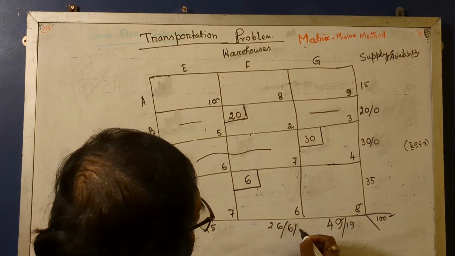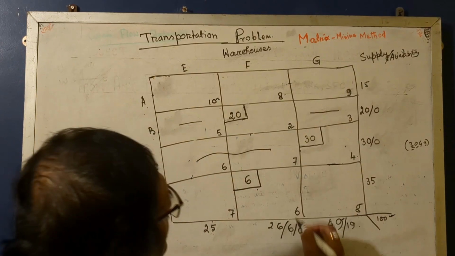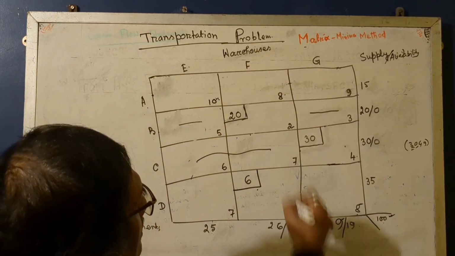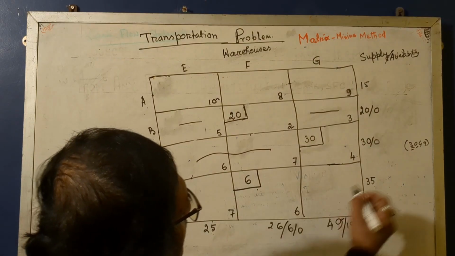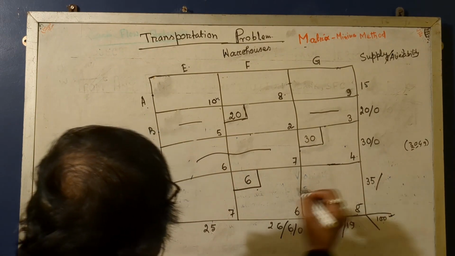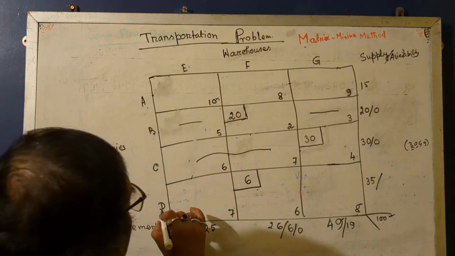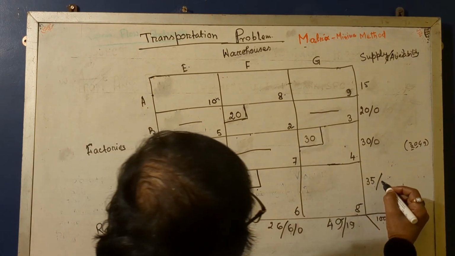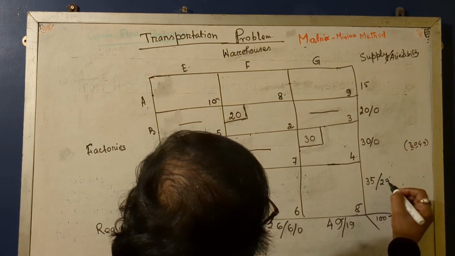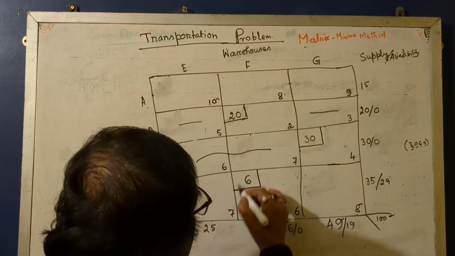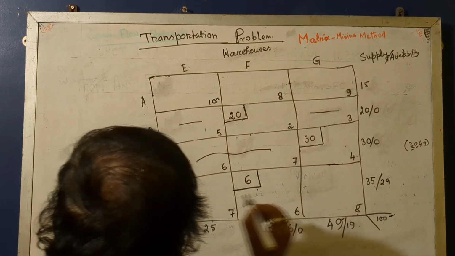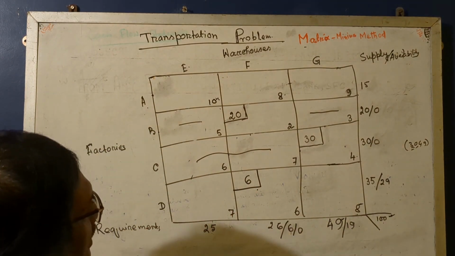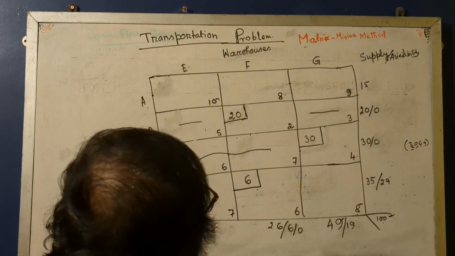And what is the required units for this warehouse? 0, because the entire 6 you have allocated. And what is the production that remains for factory D? That is 29: 35 minus 6, since 6 has already been shifted. That's why the remaining units available to factory D is 29.